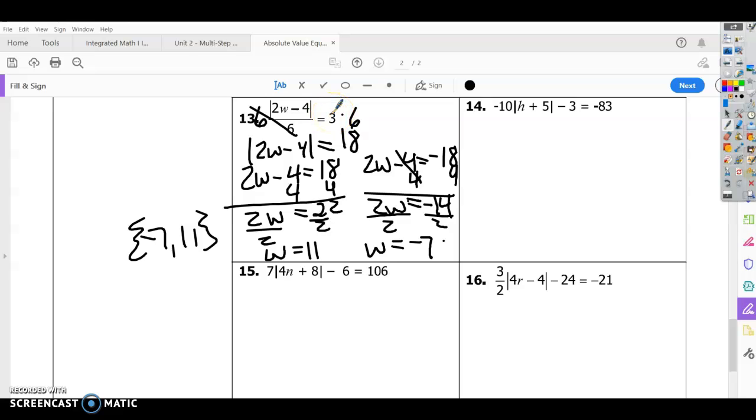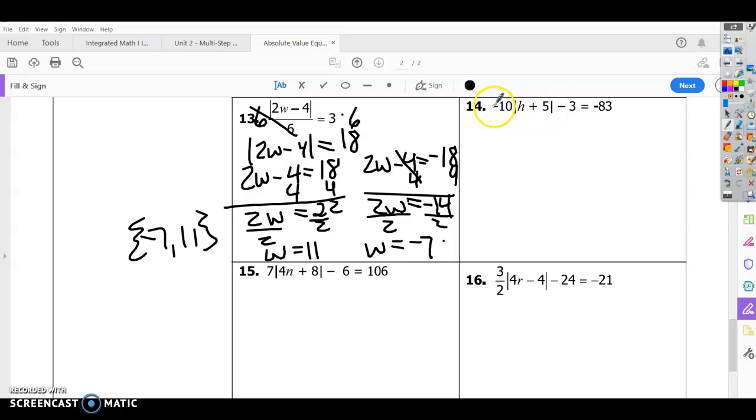So that one works. And you do the same thing for negative 7. Negative 7 times 2 is negative 14. Negative 14 minus 4 is negative 18. The absolute value of negative 18 is 18, and then 18 divided by 6 is 3. So both of those will work.